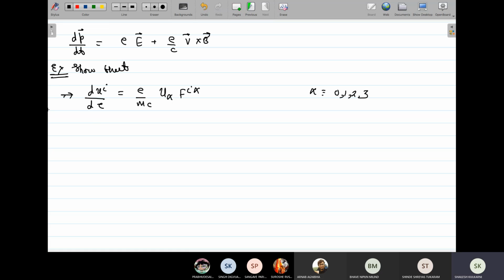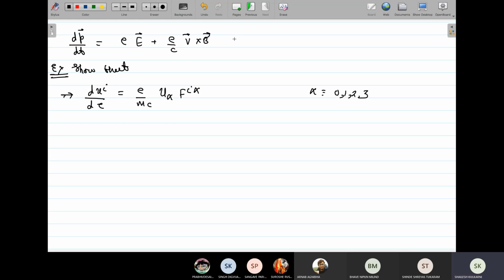What you need to do is substitute the expression for V cross B. Take the ith component of the electric field. You know how to express the electric field in terms of F. Then concentrate on V cross B. The ith component of this is epsilon ijk Vj Bk.